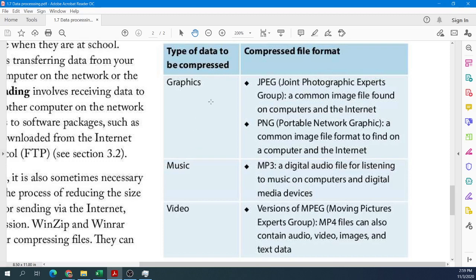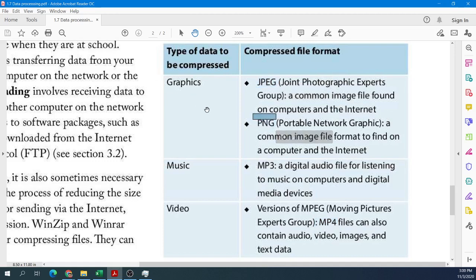So most of you should be familiar with these compressed file formats: JPEG, PNG, MP3, MP4. If you ever download an image from Chrome or any browser, you would notice that the file would end with a dot jpg, we say JPEG, or even PNG.